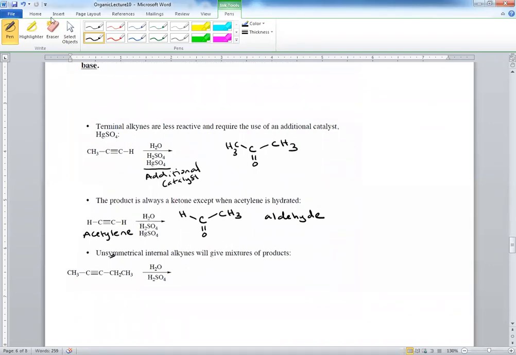And of course, if you have an unsymmetrical terminal alkyne, it will give you a mixture of products, meaning you might have the double bond there or there. It's hard to separate them actually. So that's why it may not be a useful reaction.